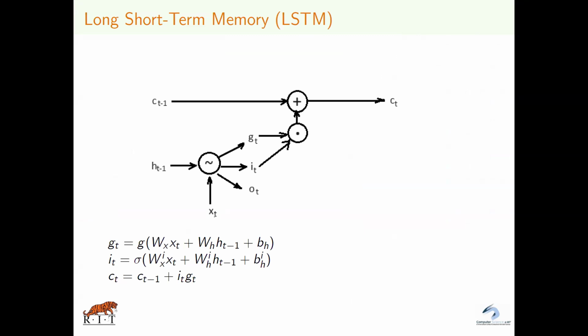Now we'll have two inputs in addition to our X. You remember the problem was with vanishing gradients, so we kind of forget the information from about 20 steps before.